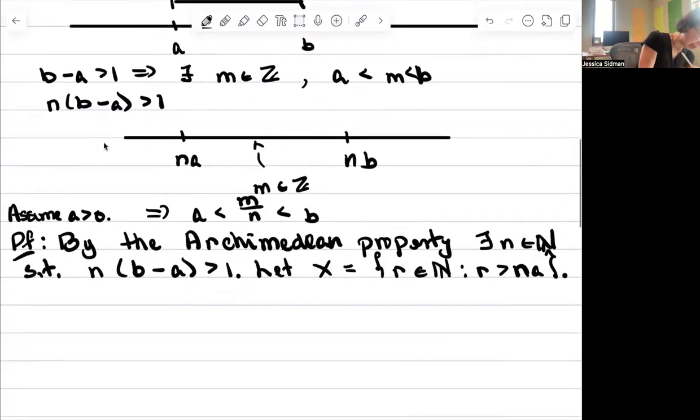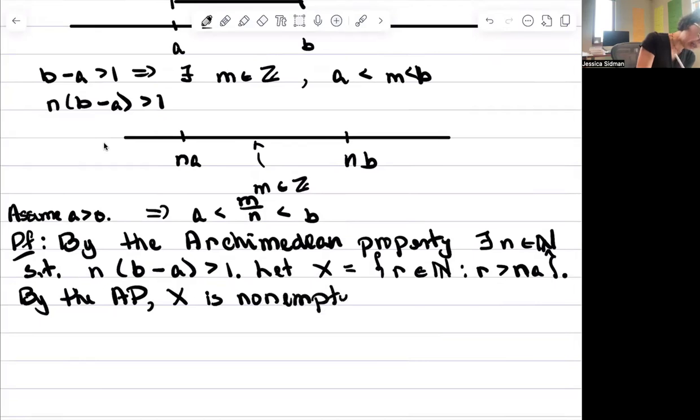So by AP, for Archimedean property again, X is non-empty. And I've defined it to be a set of natural numbers. So now I can use well ordering.